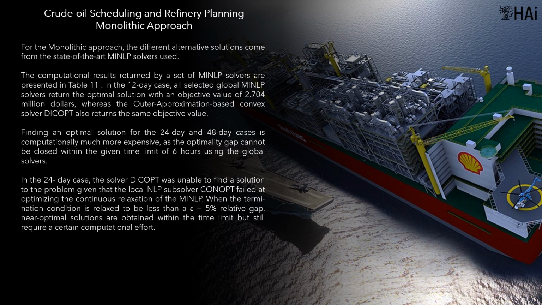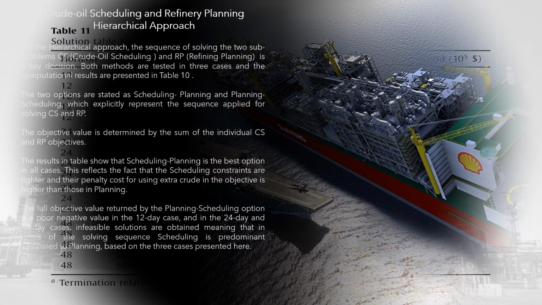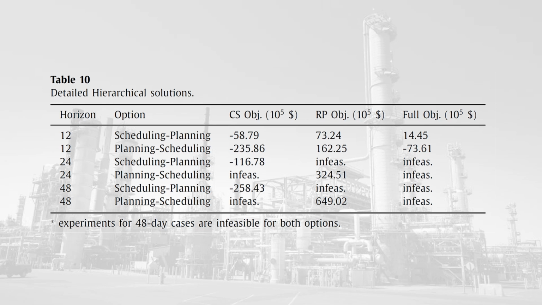For the monolithic approach, the different alternative solutions come from the state-of-the-art MILP solvers used. For the hierarchical approach, the sequence of solving the 2 sub-problems CS, crude oil scheduling, and RP, refining planning, is a key decision.